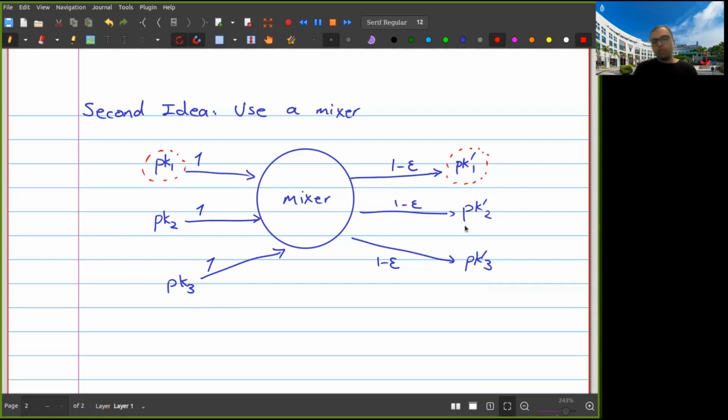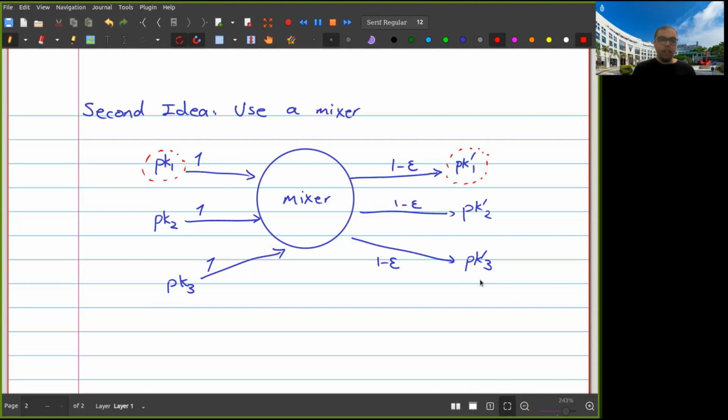You don't know which one of these new accounts belong to which one of the depositors. Because all you're seeing is that each one of the depositors is paying 1 unit to the mixer, and then the mixer is paying 1 minus epsilon to each one of these new addresses. So as an observer on the blockchain, you know the addresses that deposited, you know the addresses that received money, you don't know which one corresponded to which one.